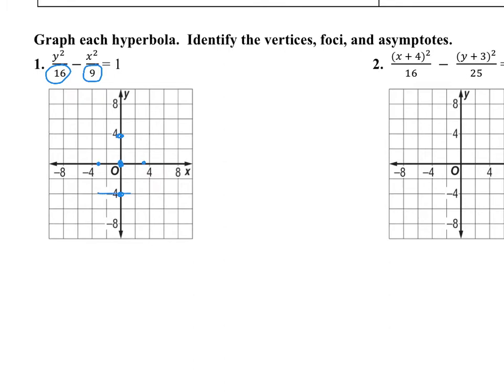Okay, make your box. Then you make the diagonals of the box. Okay, and it is a vertical, so we do the top of the box and the bottom of the box.